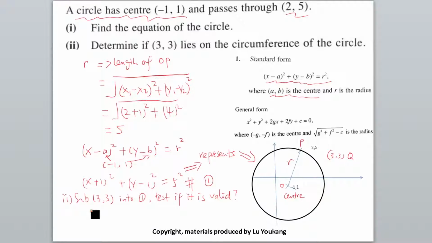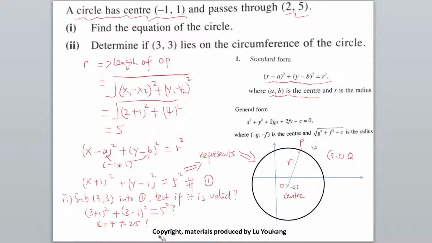So my x is 3, my y is 3, so sub it in, I get (3 plus 1) bracket square plus (3 minus 1) bracket square. Let's see if the left hand side is equal to the right hand side. My right hand side should be 5 square, therefore I put a question mark there. So I get 16 plus 4 on the left. Therefore 20 is not equal to 25.